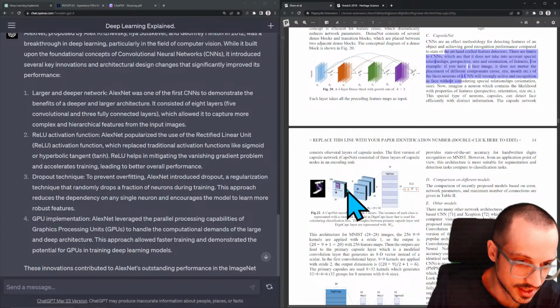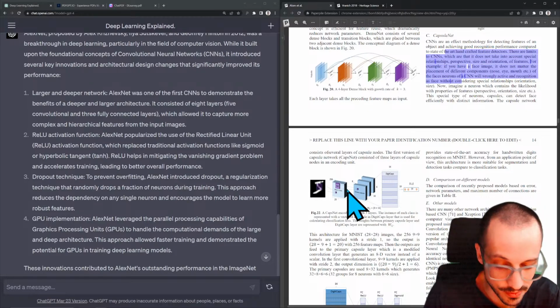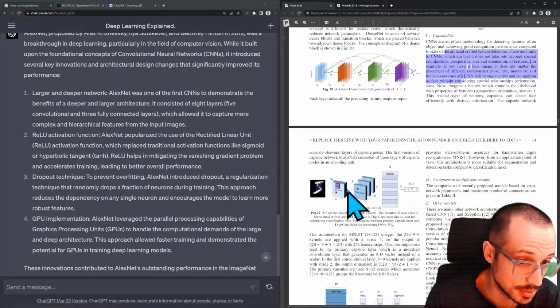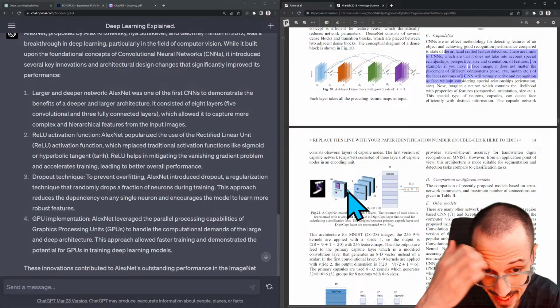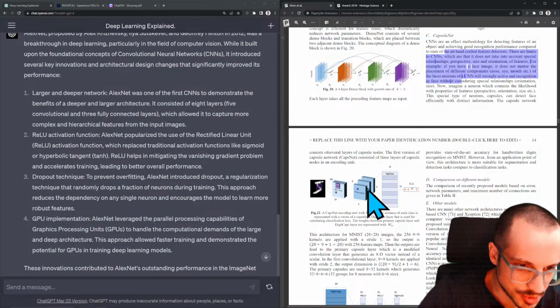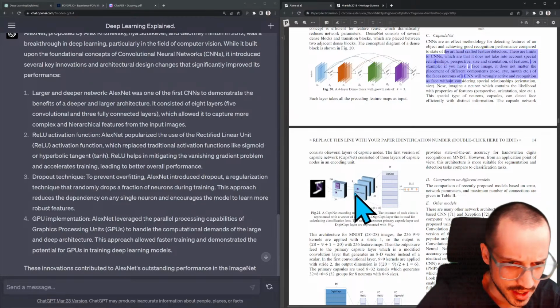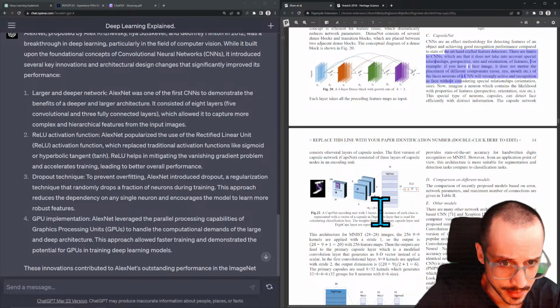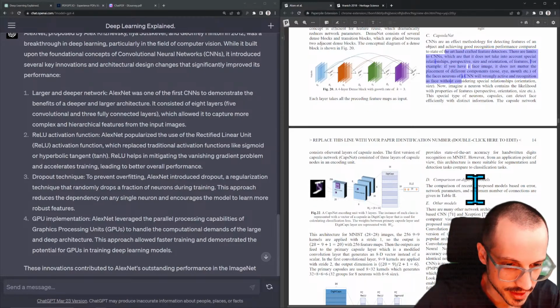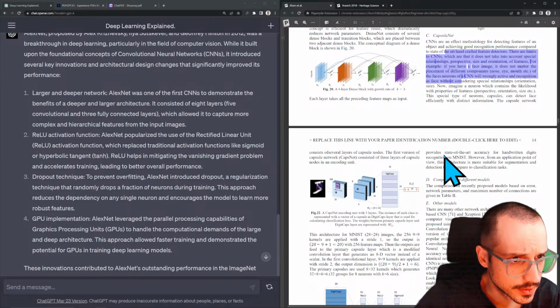ConvNets, part of the reason they were so popular is because they work very well with GPUs. But capsule nets do not. Capsule nets are very clean from a hierarchy and theory perspective, but when you actually try to implement them on a GPU and get them to train fast, it just takes forever, so no one used them.